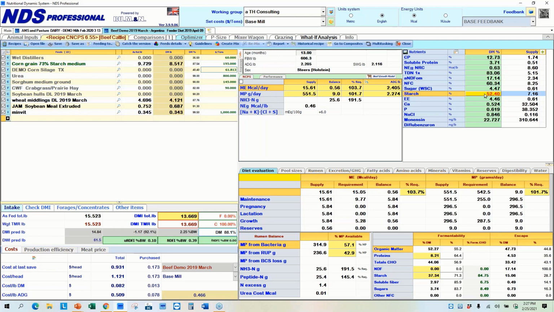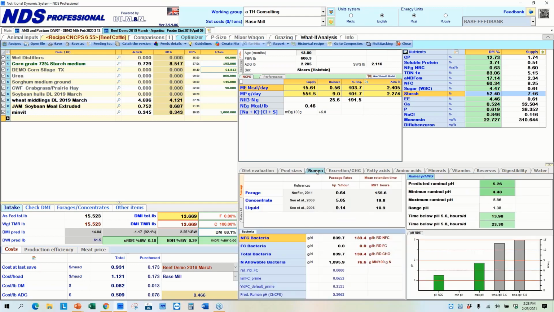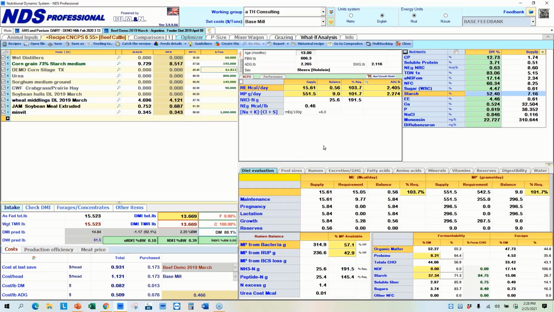The beef growth model should be considered an additional option that you can invoke if you want to make deeper evaluations, or in cases where the CNCPS doesn't seem to work as expected.